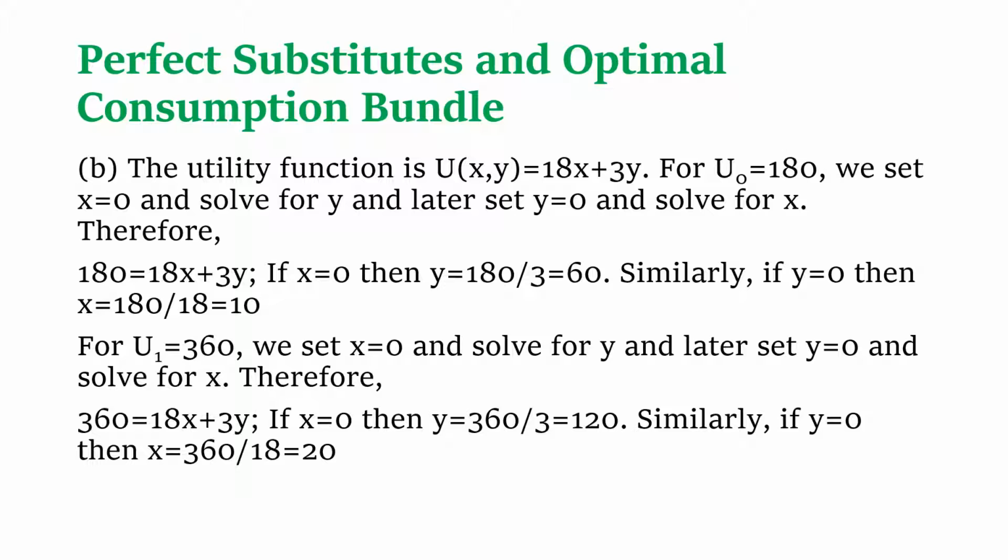Now let's look at the case where u1 equals to 360. We do the same thing. We set x equals to 0 and then solve. We're going to have y equals to 120, right? Similarly, if we set y equals to 0, we're going to have x equals to 20.